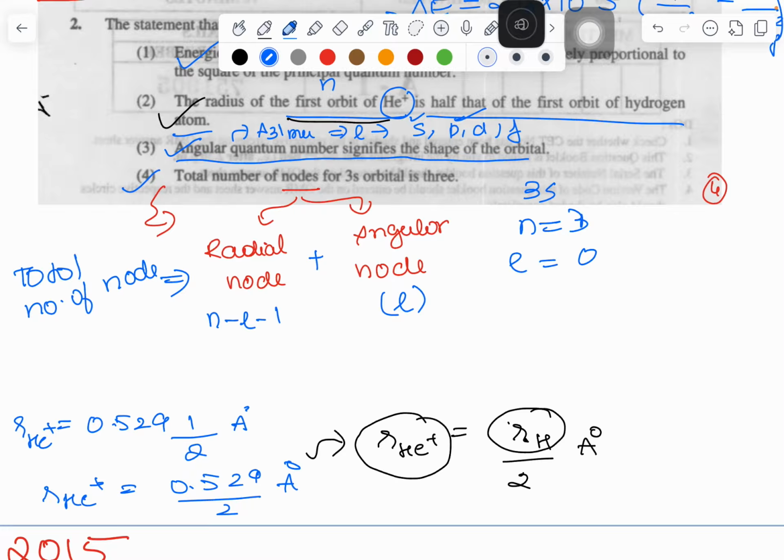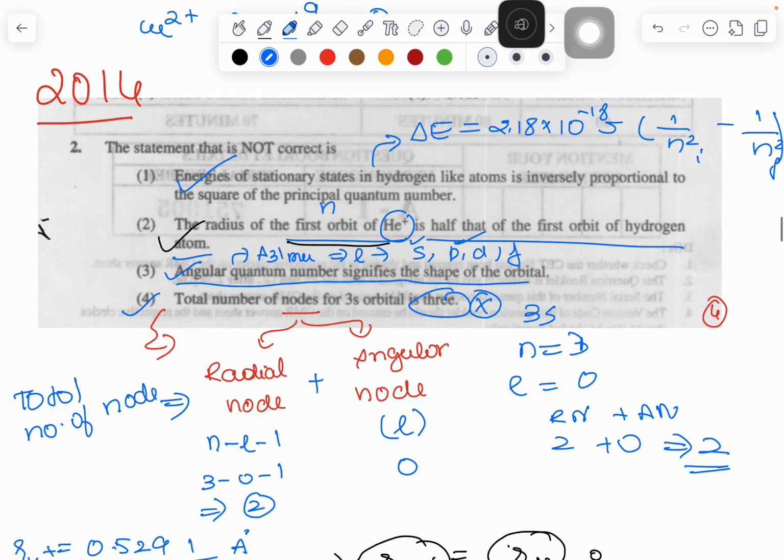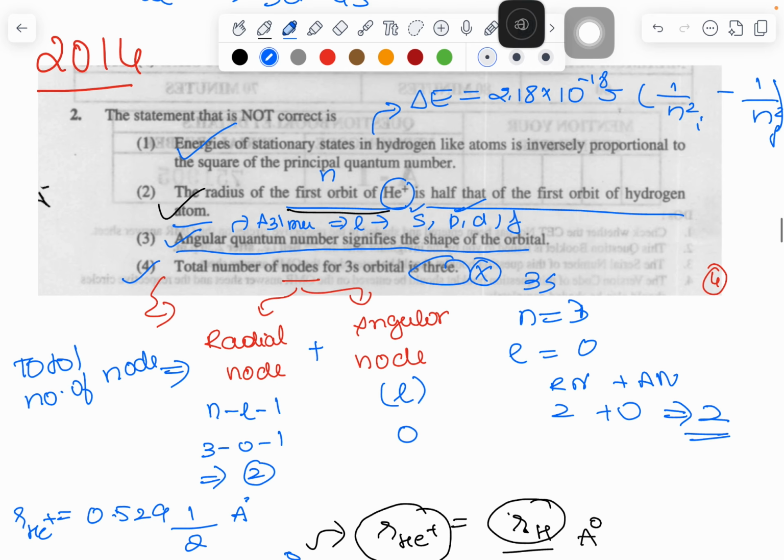So radial nodes are 3 minus 0 minus 1, which is 2, and angular nodes are 0. Adding radial plus angular, the total number of nodes will be 2 and not 3. So this fourth statement is the wrong statement.